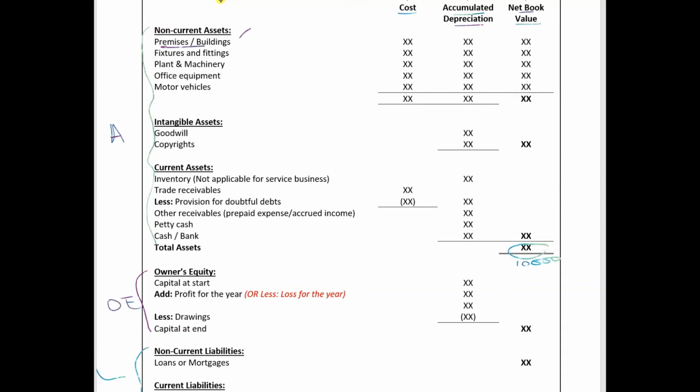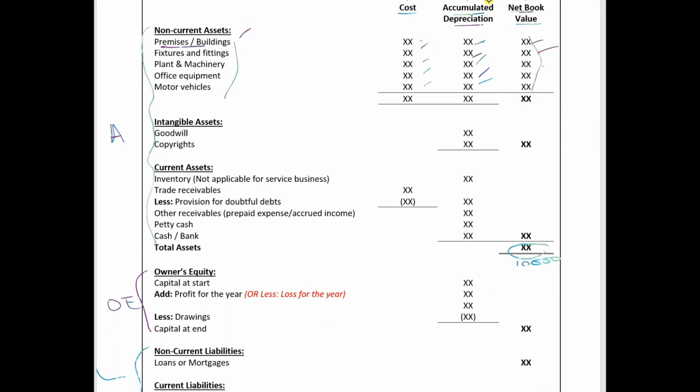So you list down all the non-current assets, the cost, and this is the accumulated depreciation, if there's any. We have not yet learned about depreciation, so we'll come back to the depreciation topic next time. So the cost minus the depreciation, then you will have the net value, which we call the net book value.